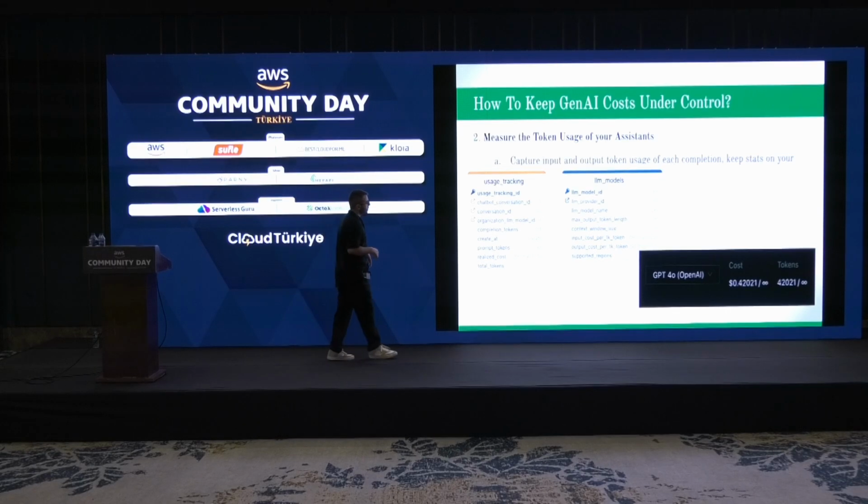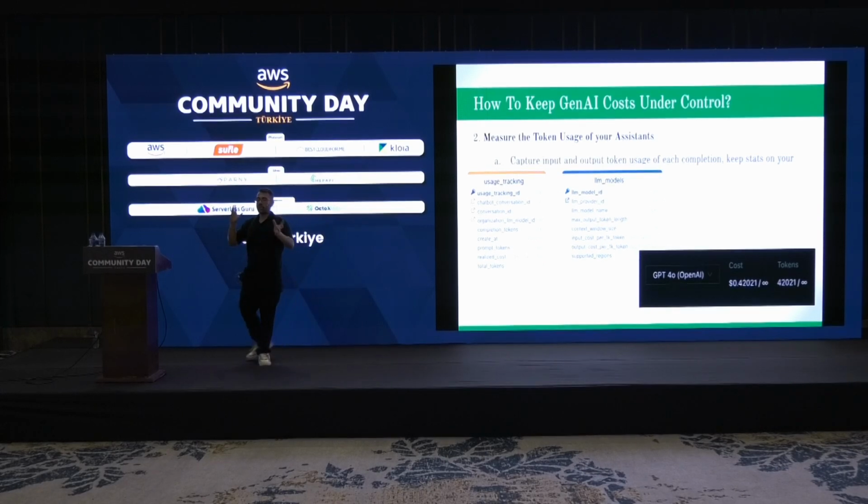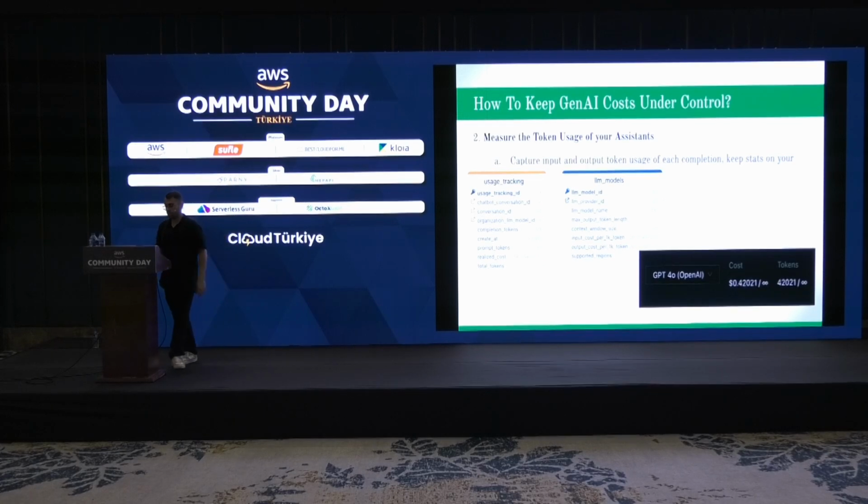The way to do this is to keep track of all the input and output tokens that your systems are exchanging with inference providers, and also keep track of the cost metrics of individual models, like how much does it cost us to use, let's say, GPT-4o, how much does it cost us to use Anthropic, so Claude 3.5 or 3, whatever, so that you can see the actual cost of your interactions day by day and take action accordingly.